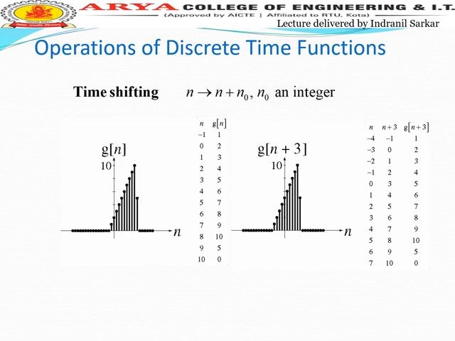So the signal starts from -4, and again the signal is represented in the same manner. For -4 it becomes 1, for -3 it becomes 2, for -2 it is 3, for -1 it is 4, and 0 for 5, and in this way it goes. So we will get g[n+3].